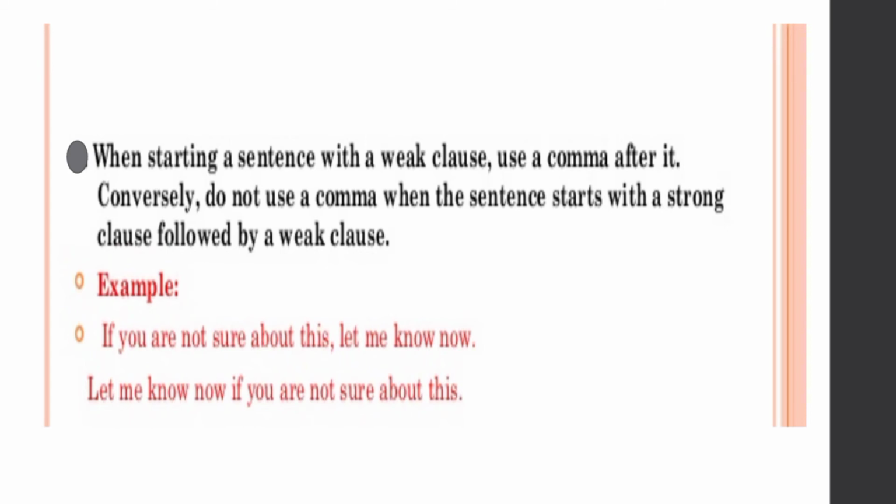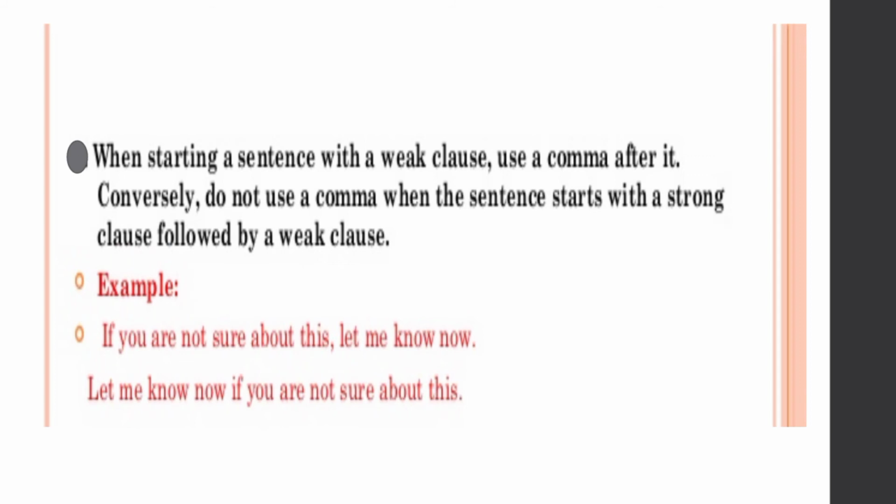Then, when starting a sentence with a weak clause, use a comma after it. Conversely, do not use a comma when the sentence starts with a strong clause followed by a weak clause. Example, if you are not sure about this, let me know now. Then look at the second example. Let me know now if you are not sure about this.